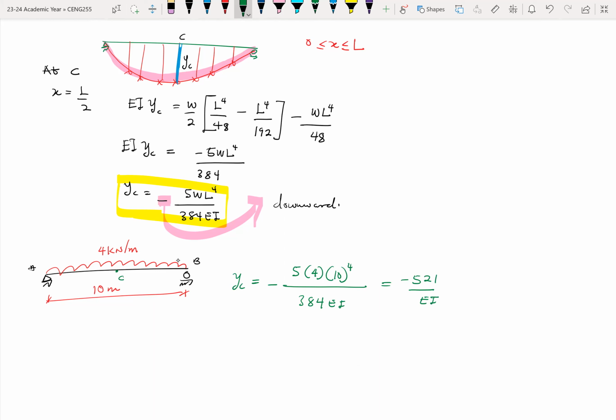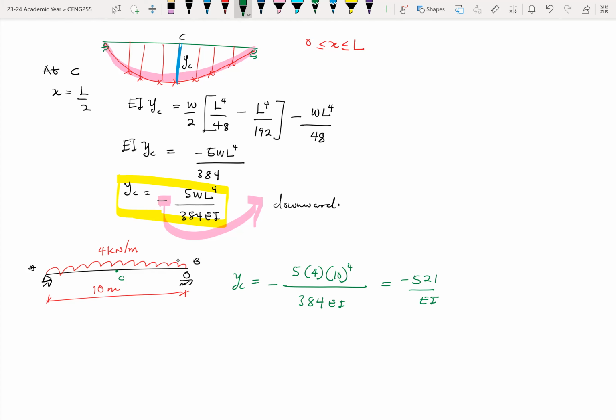Okay. So the above equation, yC equals 5WL^4 over 384 EI, only works for a simply supported beam with a UDL on the entire length of the beam. If the support conditions change, if the load position or the load type also changes, your equation would also change.